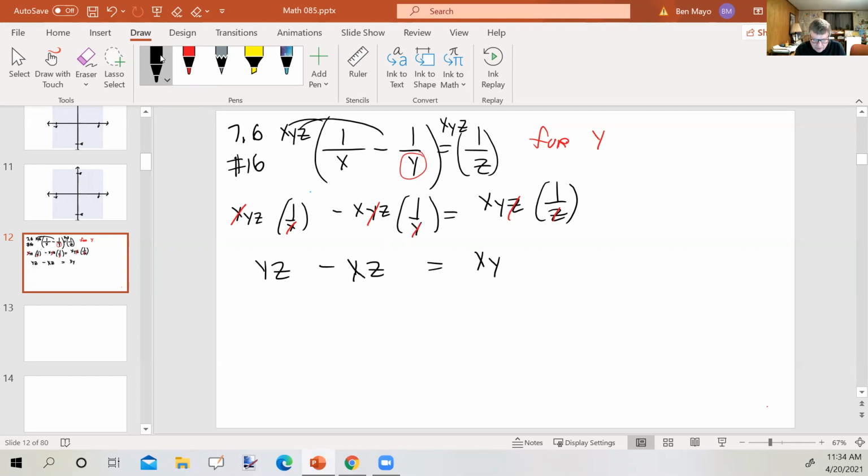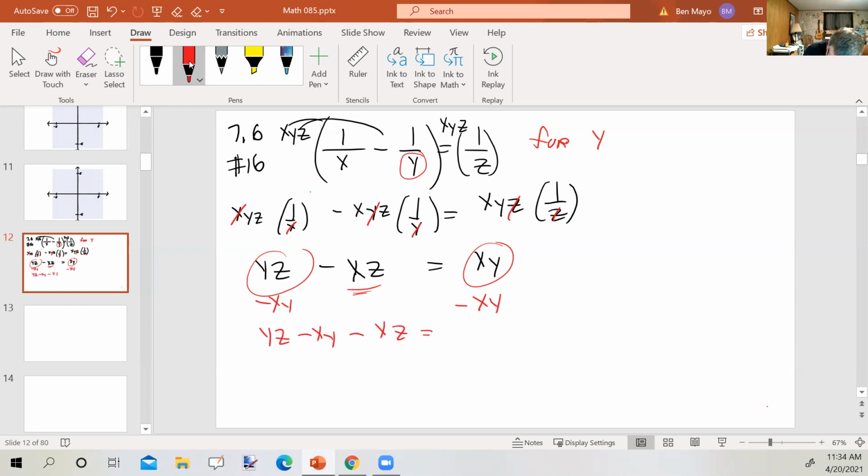All right, we're trying to solve for y, and these two terms have y, and this term does not. So I'm going to subtract xy from both sides. So I get yz minus xy minus xz equals 0. Then I'm going to add xz to both sides. So what I end up with then is yz minus xy equals xz.